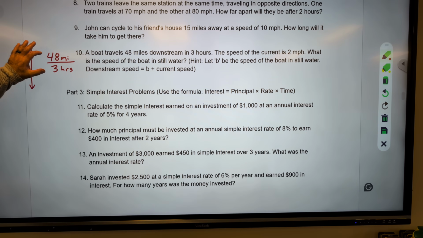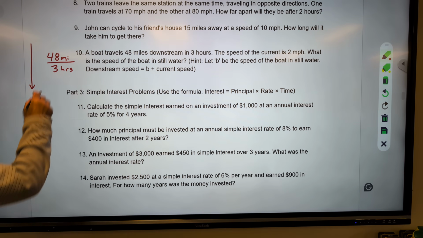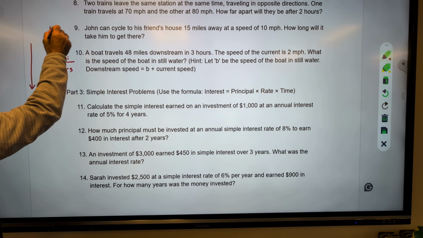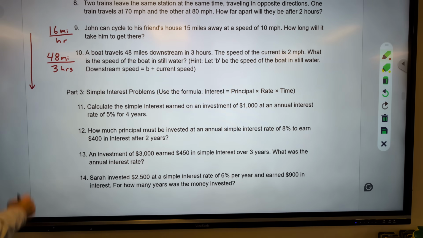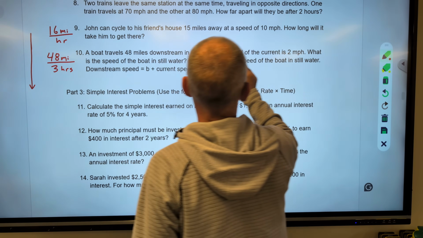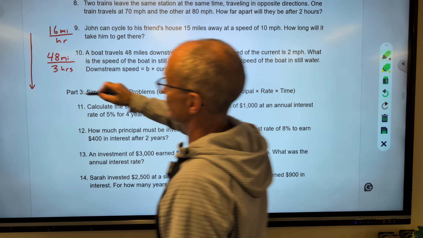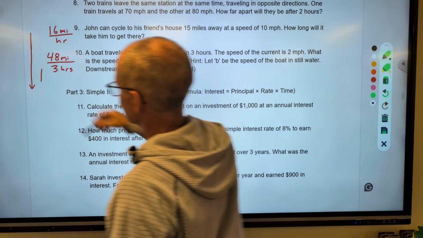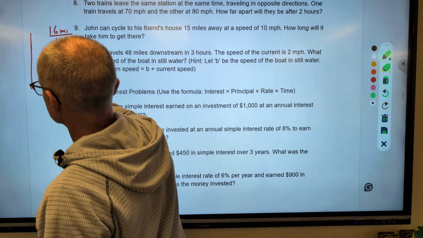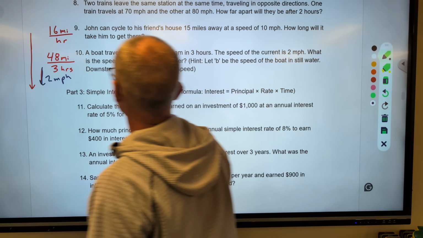Let me just reduce that fraction. 3 goes into 48, 16 times. So this is 16 miles per hour. That's the rate traveling downstream. The speed of the current is 2 miles per hour. So the current in blue here is 2 miles per hour.